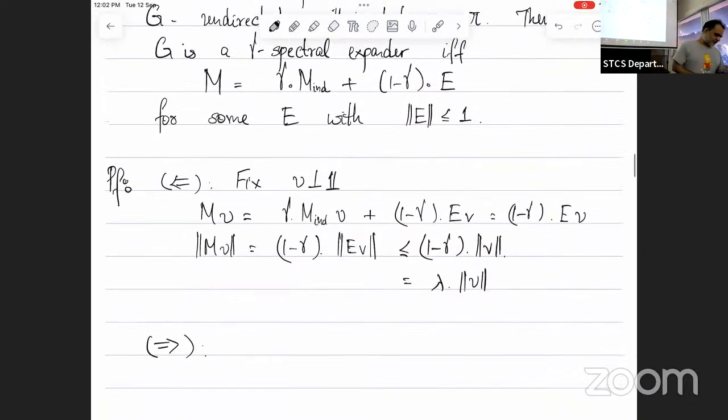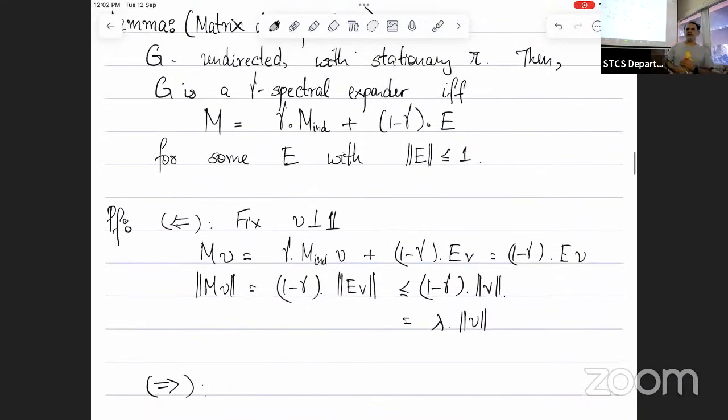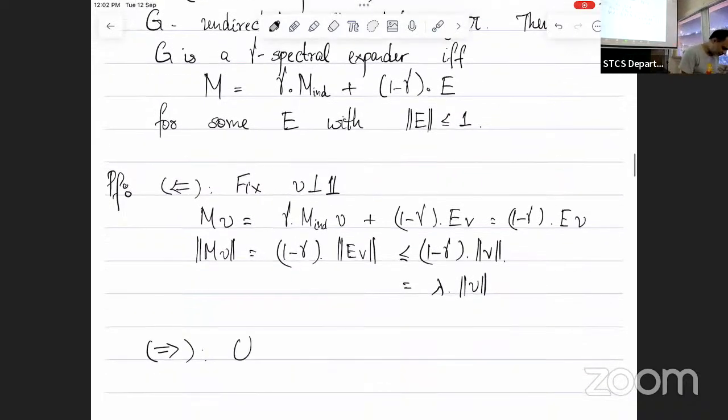Okay. So now let's prove the second part. The second part is one of these just-do-it sort of things. So I'm going to write down this matrix Q, which is M minus gamma M_int. Okay. This is going to correspond to this quantity.